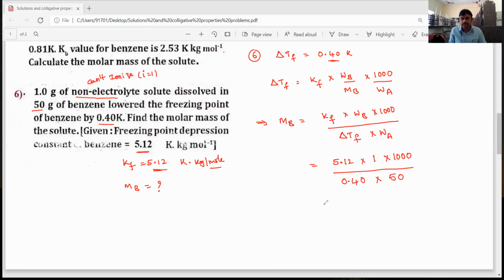On simplification we get 256 gram per mole. That is the molar mass of the solute. Students, this is the sixth question, related to depression of freezing point.